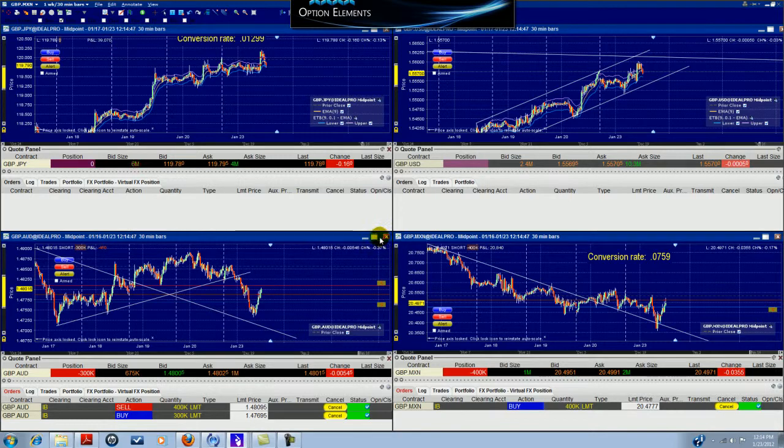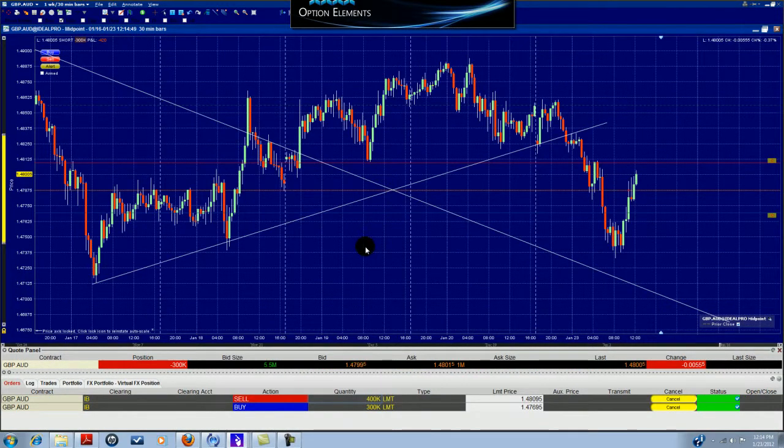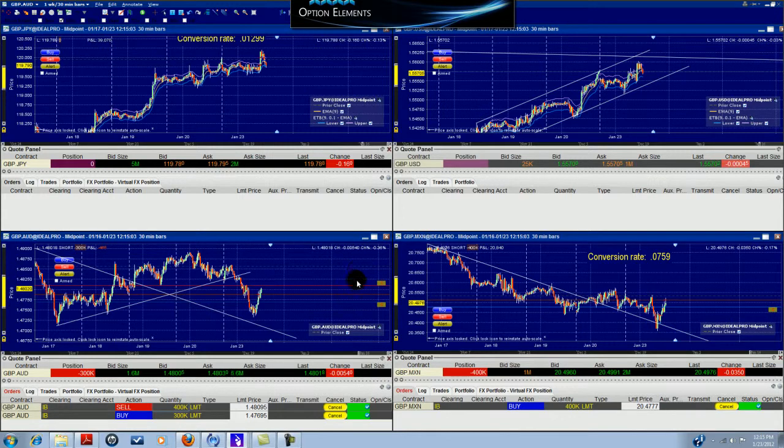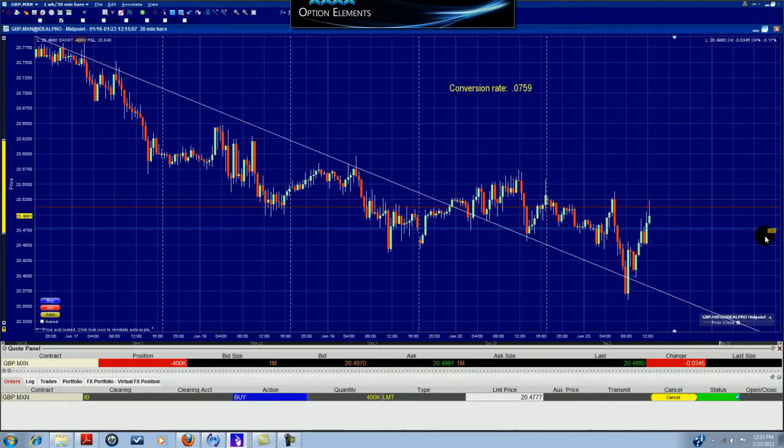Got that in. Back to our cable Aussie here, pound Australian. Maybe we'll get filled up here. This is what I want to happen. We've got an order in to sell 400 up here. So that's it for the moment. And I will return to this one, peso here.